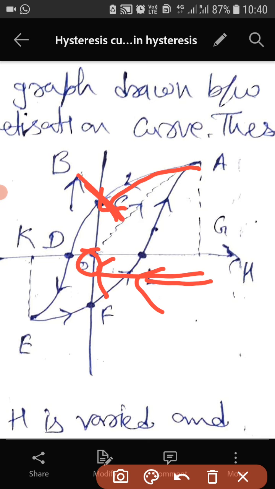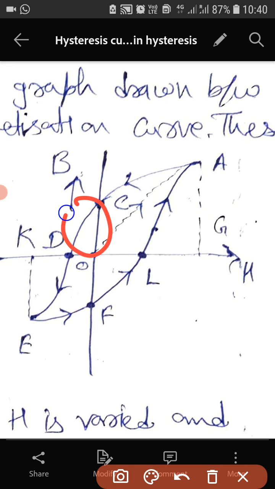We have some value of B even when H is equal to 0. This amount of magnetism remains within the substance, which we call residual magnetism left in the specimen, and this is called retentivity or reminiscence.